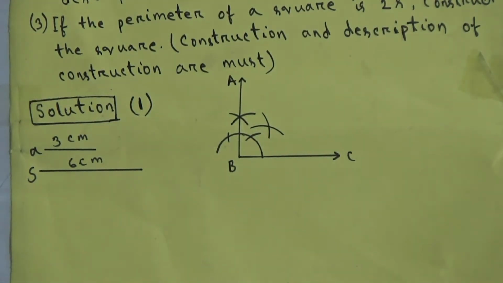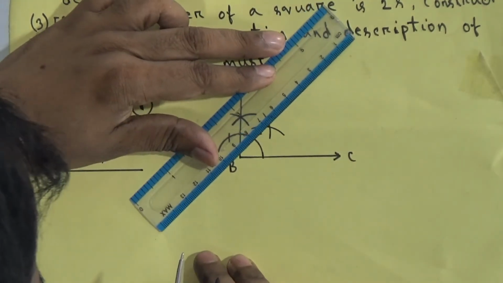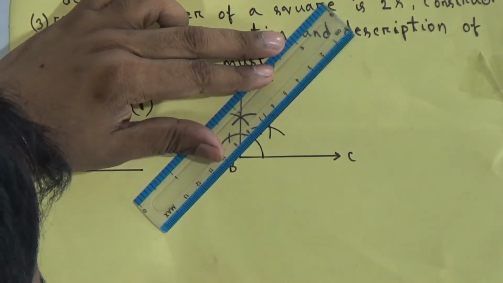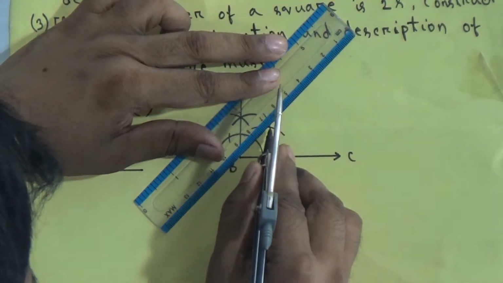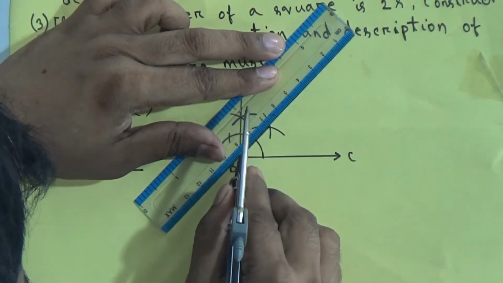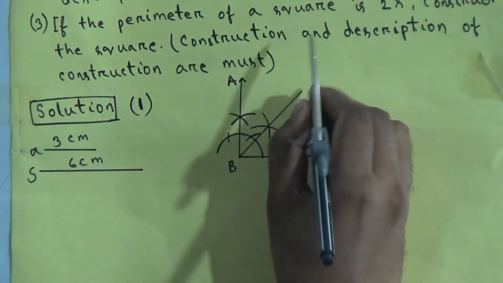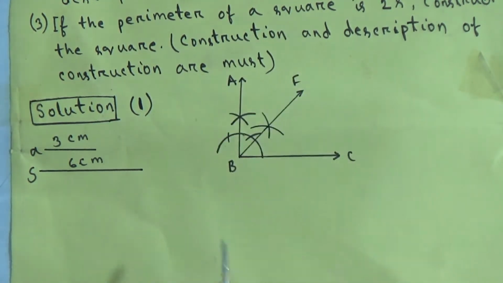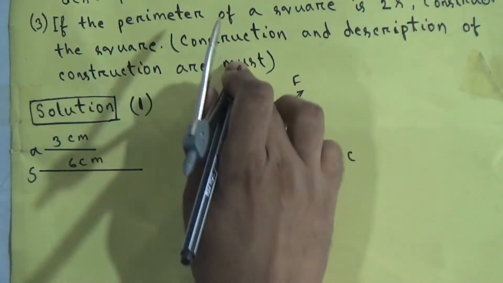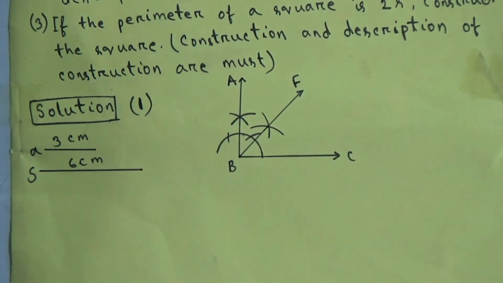That means we will get a 45-degree angle. We will give this name F. Okay, dear students, now CBF and ABF both angles are 45-degree angles.